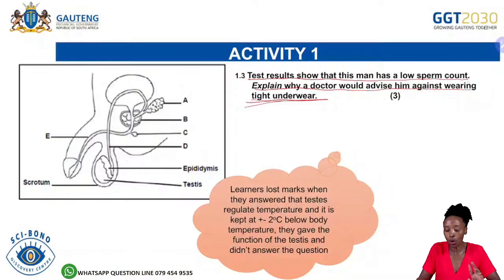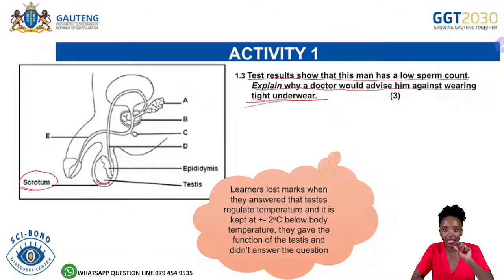So now we'll have to go back. Remember we said the testes are housed in a skin sac which is called the scrotum. And the scrotum hangs outside the body. Why? Because the production of sperm cells requires a temperature that is less than 37, something like 34, 35, for the proper production of the sperm cells.